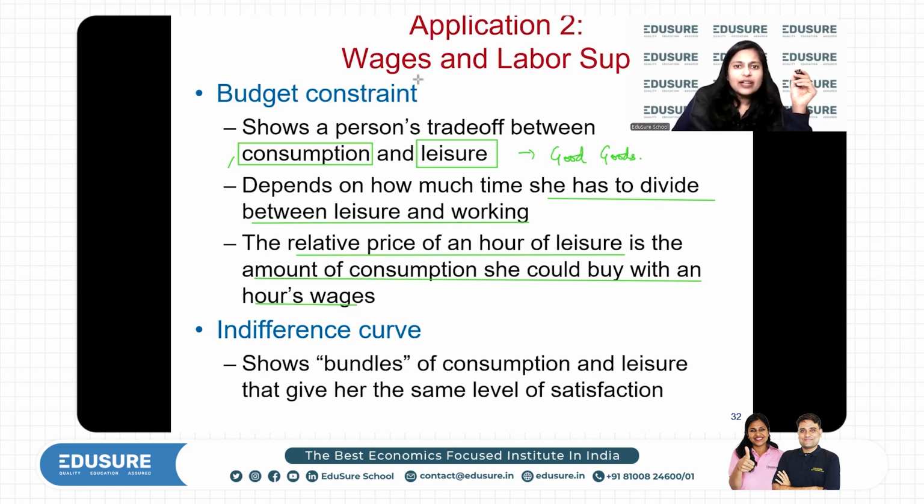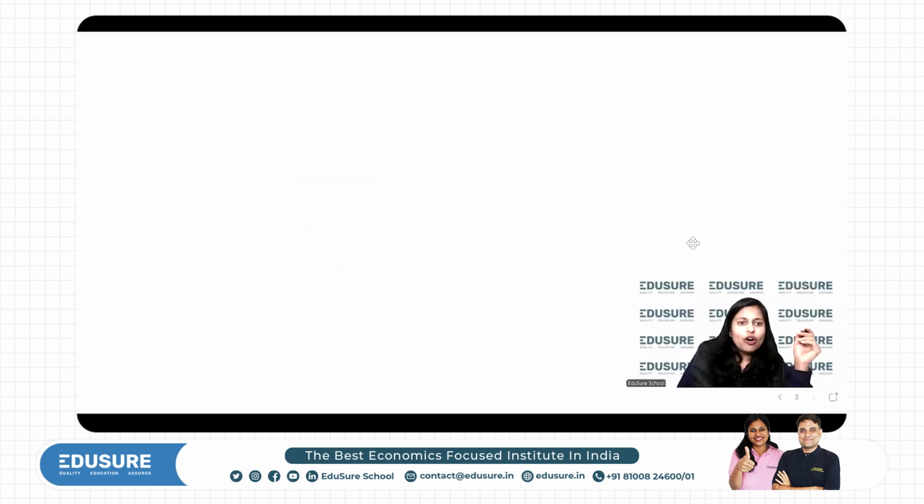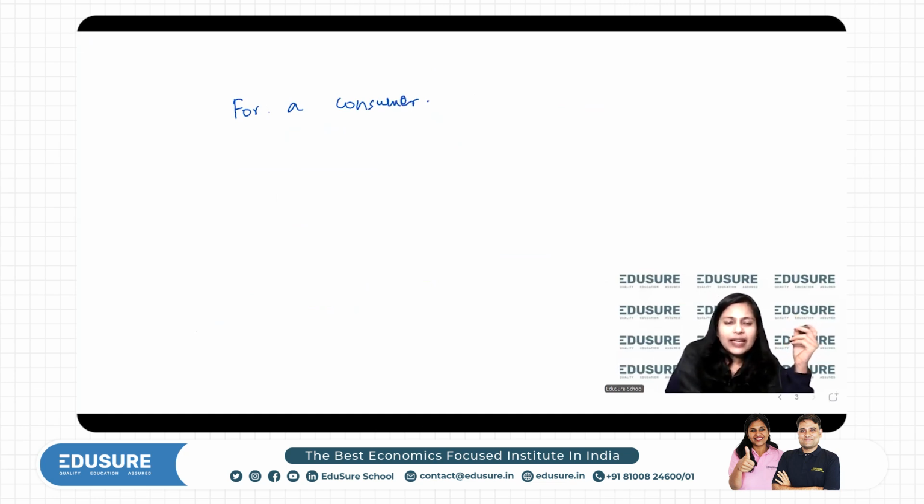Let us try to understand what the budget line of a consumer is. For an individual, like I said, the utility function is across two goods.